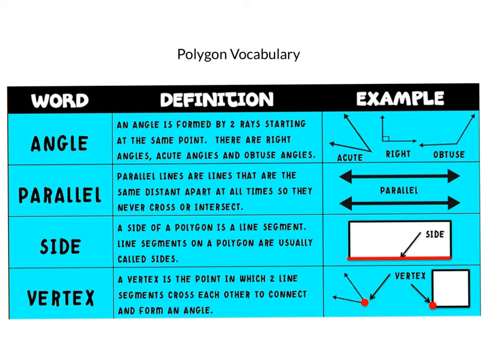There are also some important vocabulary words that are probably a review from 4th grade that are important for you to be familiar with when we're classifying shapes. When we are classifying shapes, we will classify them by their attributes, and we're going to use attributes such as their angles, their sides, and whether or not their sides are parallel, and understanding that this is a vertex.